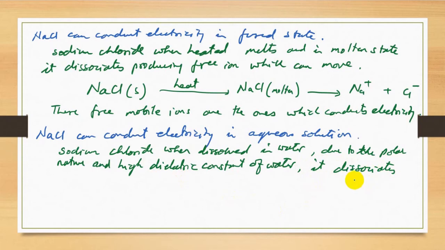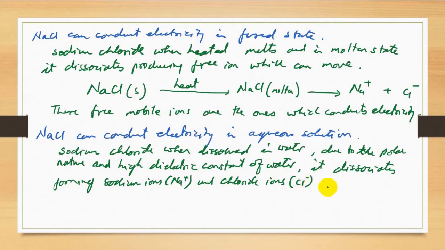It dissociates, forming sodium ions, that is again Na plus, and chloride ions, that is Cl minus, which can move freely.